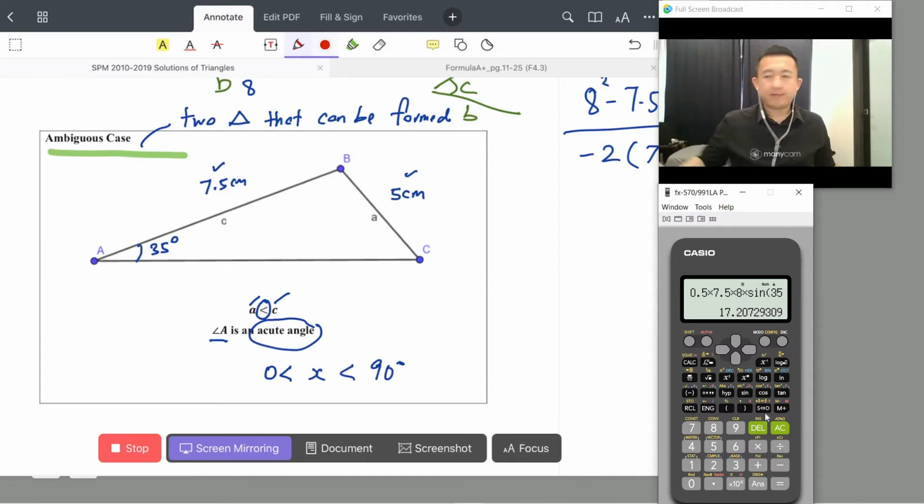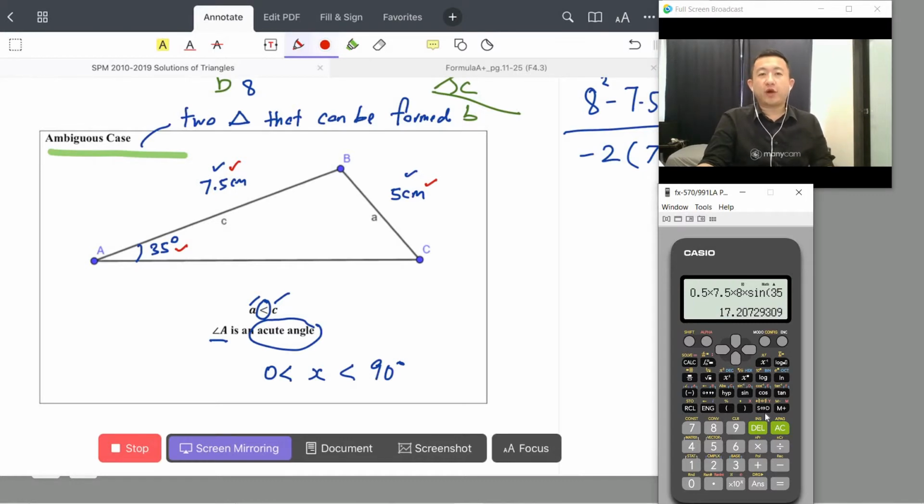Okay, let me get my ruler. So when you have two triangles that can be formed, I will make sure this is still 7.5, this is still 35, and this is still 5 cm.